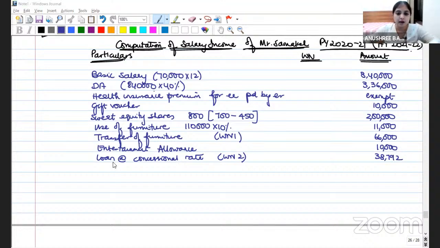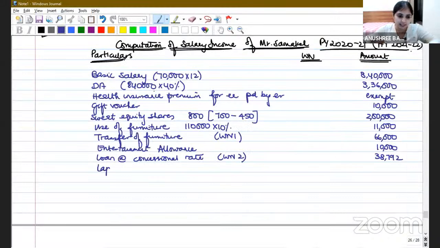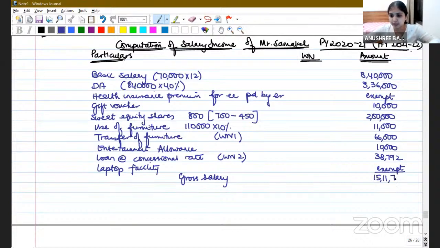Okay. Then after this, what is our next adjustment? Laptop. Laptop facility we know is always exempt. When the employer gives the employee a laptop or computer just for use, it will be considered as exempt. So now at this stage, what is our gross salary? Add up. 15,11,792, right?